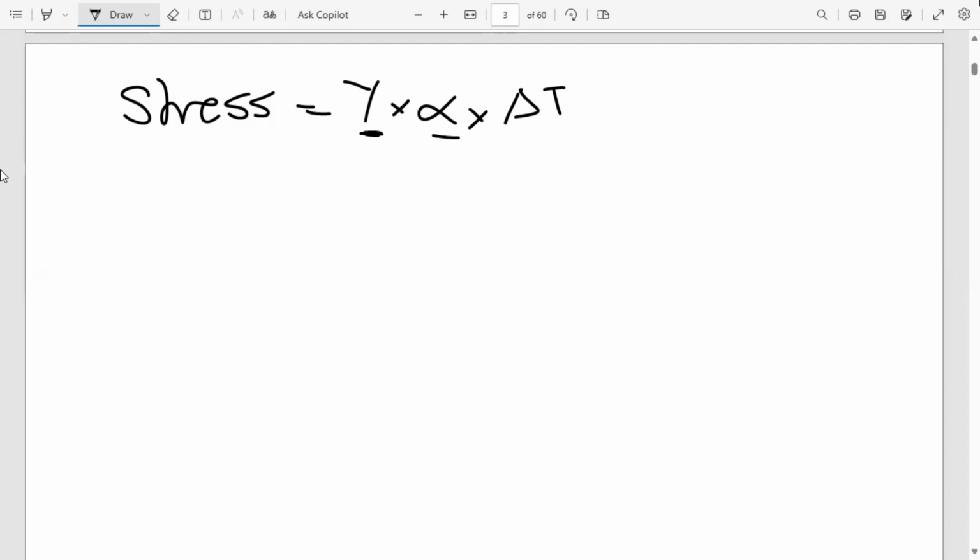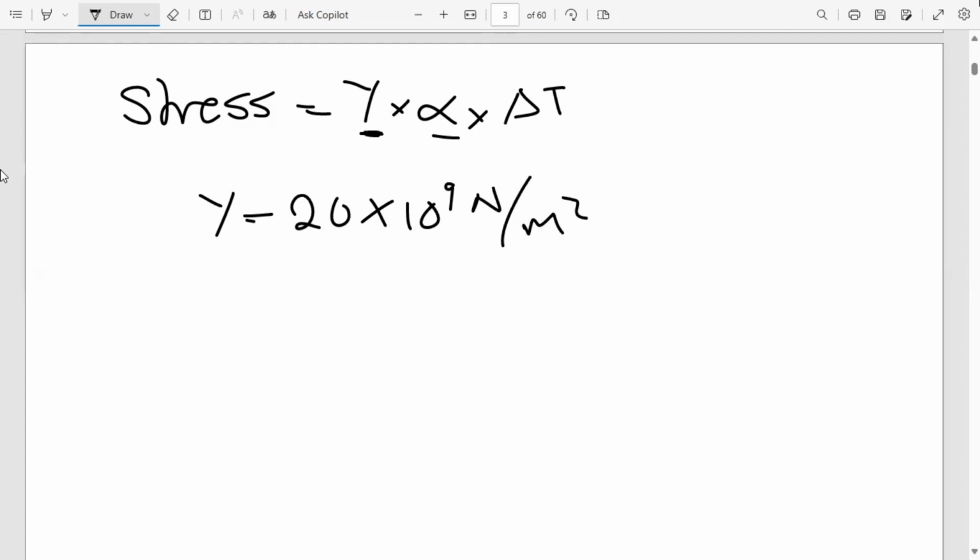So they've already given us the value of the compressive Young modulus in concrete, which is equal to 20 times 10 to the power 9 newtons per square meter.